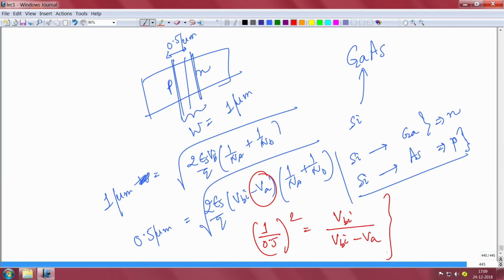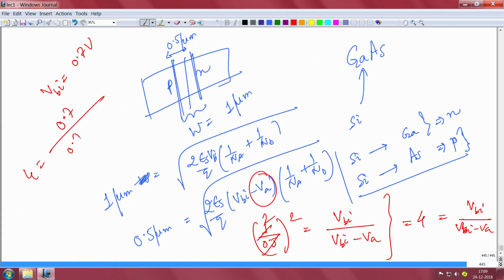Now the built-in potential might be given to you in the question, or if the doping is given you will find out the built-in potential. So 2 squared is 4, so 4 equals VBI by VBI minus VA. If VBI is known, say it is given to be 0.7 volt, then 4 equals 0.7 by 0.7 minus VA. You can solve and find out VA. So that kind of forward voltage is needed.